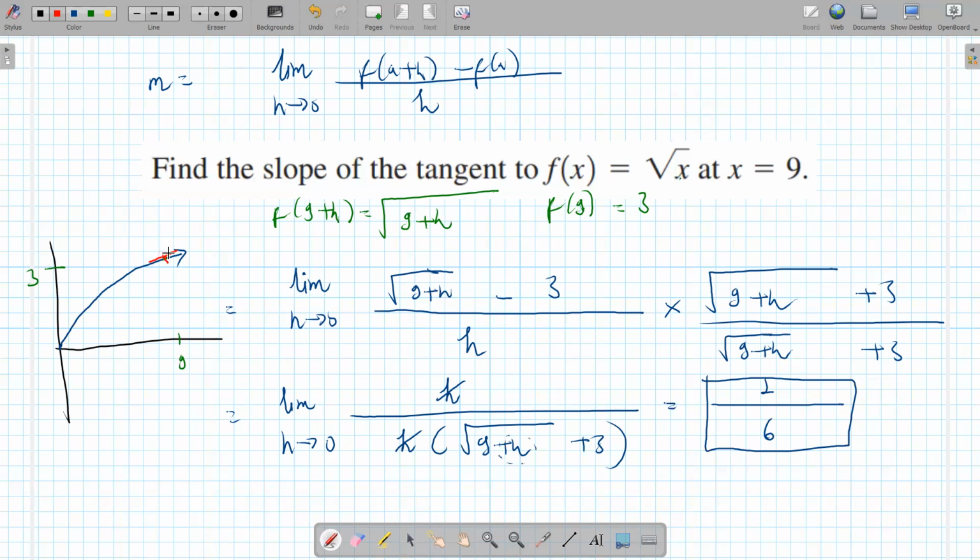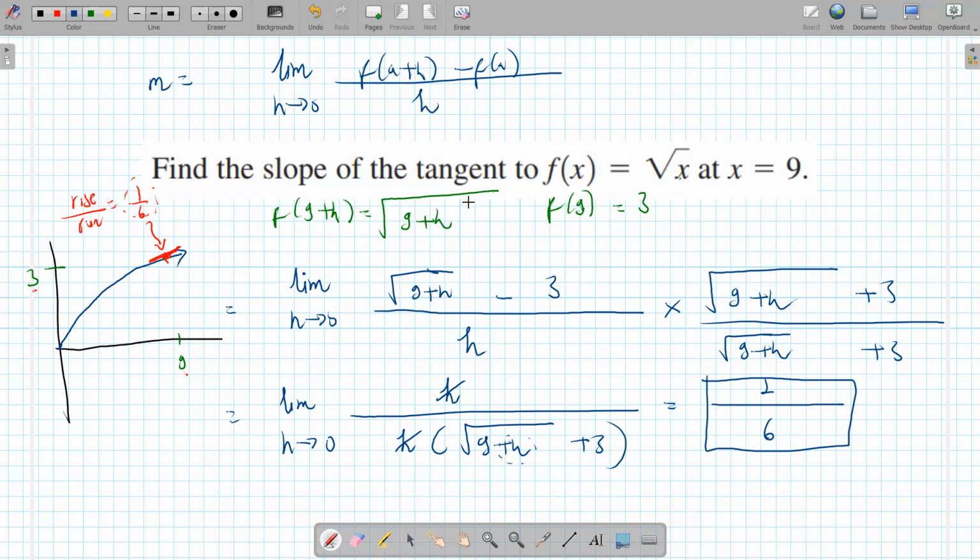The rise over run of this line is 1 over 6. So for every 1 unit rise, it goes 6 units run. That's what we found. The slope of this tangent line that touches the point 9, 3 is 1 over 6.